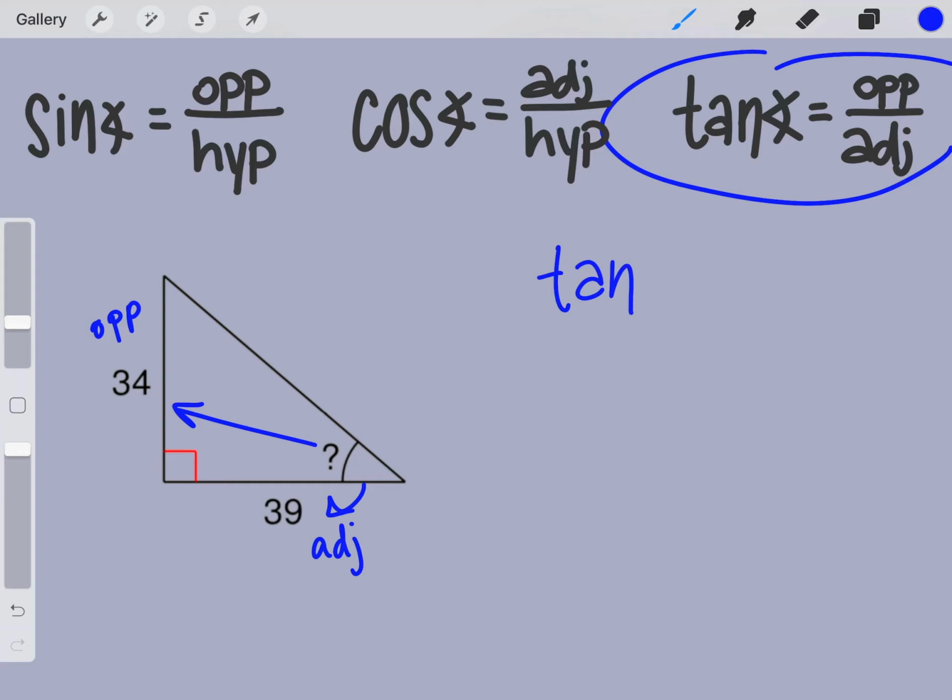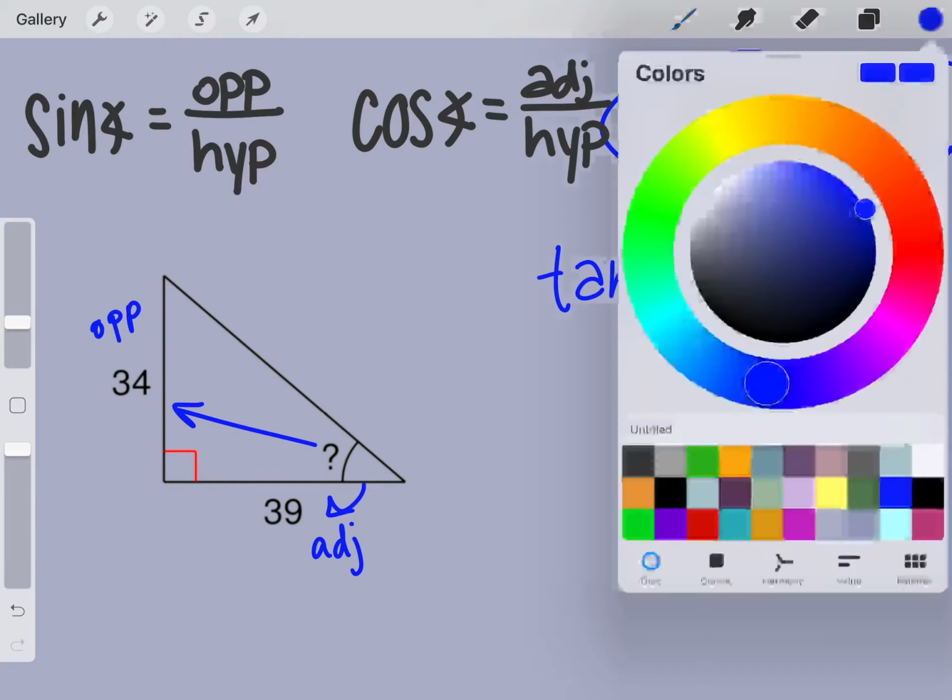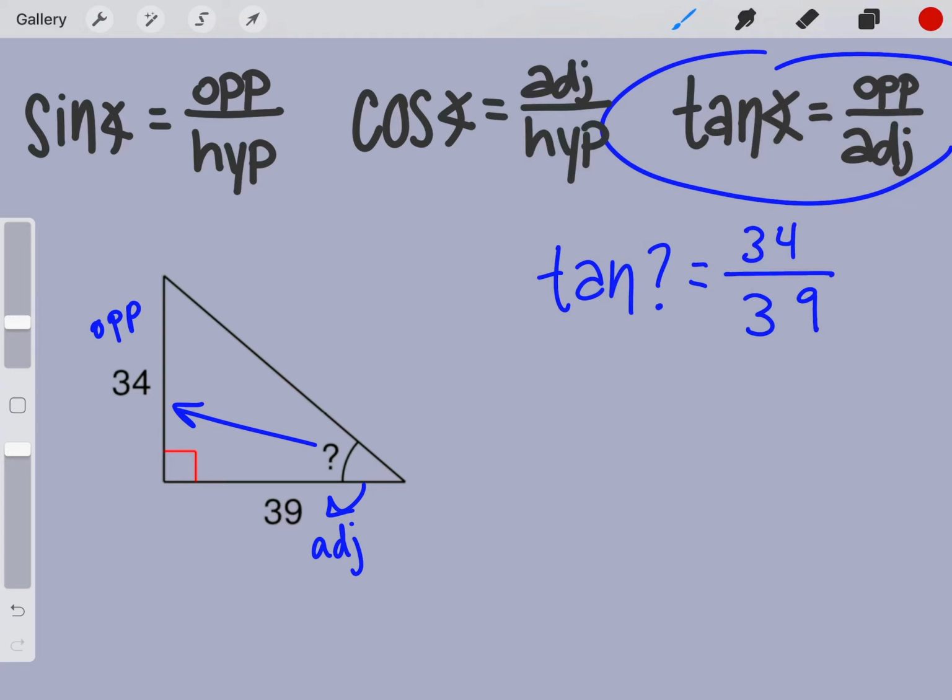Tangent of question mark equals the opposite side's value of 34 over the adjacent side's value of 39. Now, in order to isolate question mark, which is on this side of the equation, we need to get rid of tangent. The only operation that inverses tangent and gets rid of it, undoes it, is the inverse of tangent.